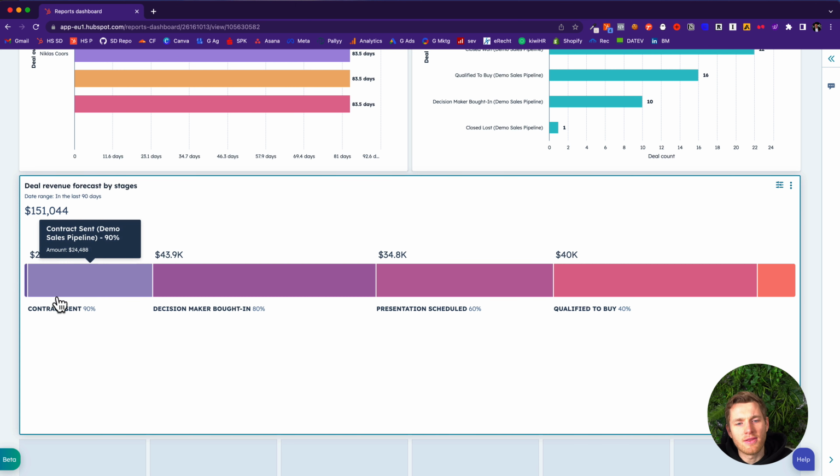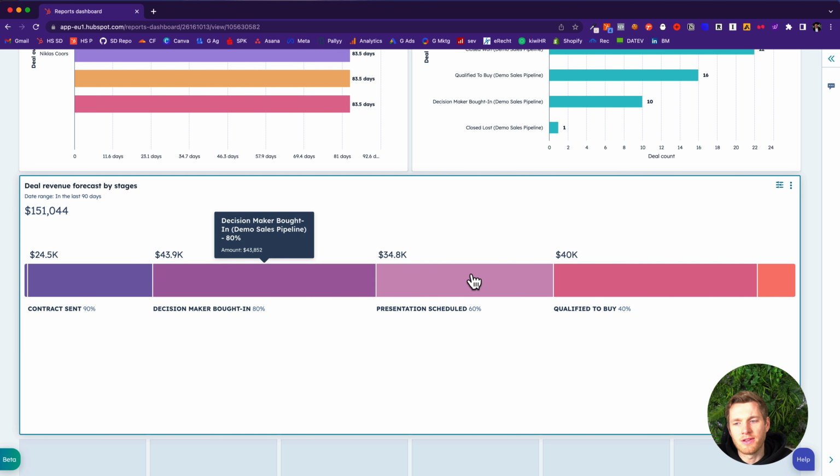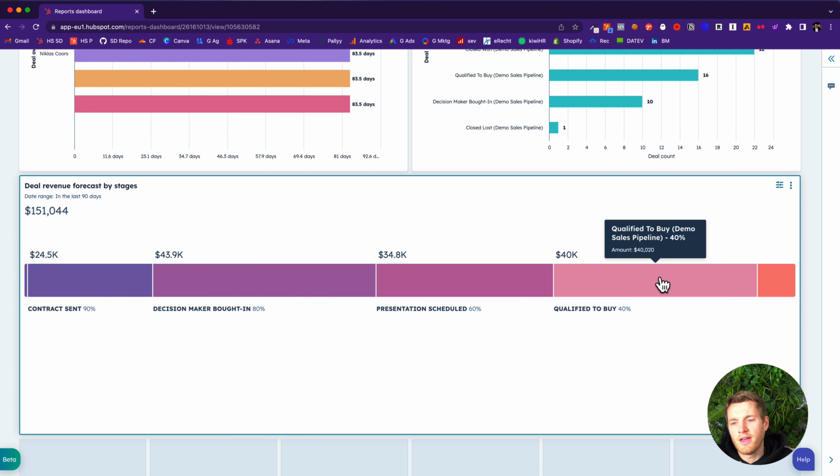And then this is basically broken down into the different deal stages that you have. And what's important about this is you can see the percentages here, which is basically how they're weighted, right? So the probability is factored in here, like you have 40K sitting in qualified to buy, but this is just at 40% because you don't know yet if they're actually going to take the decision.